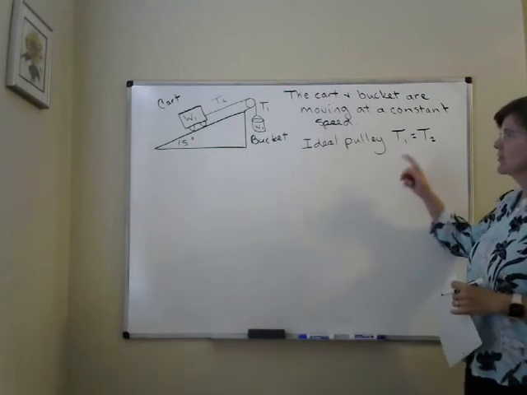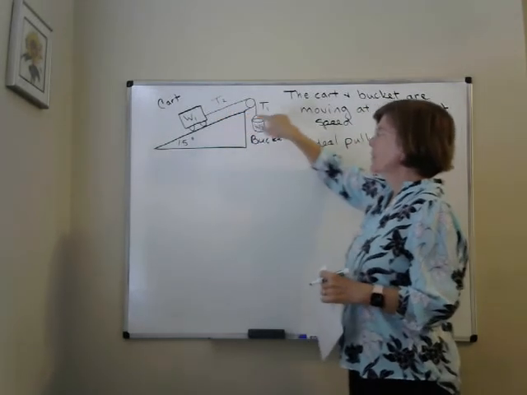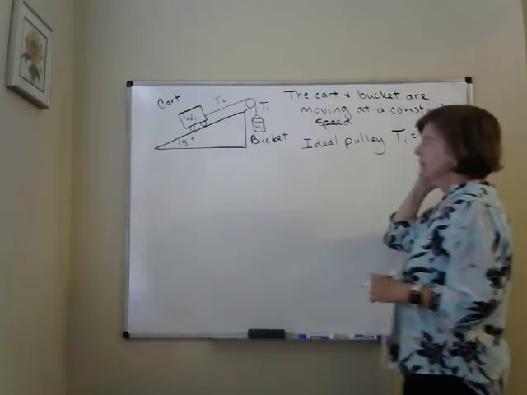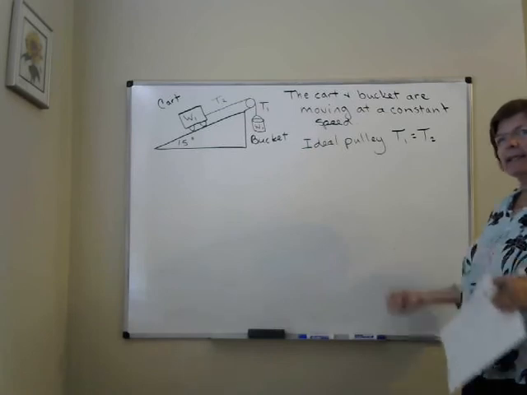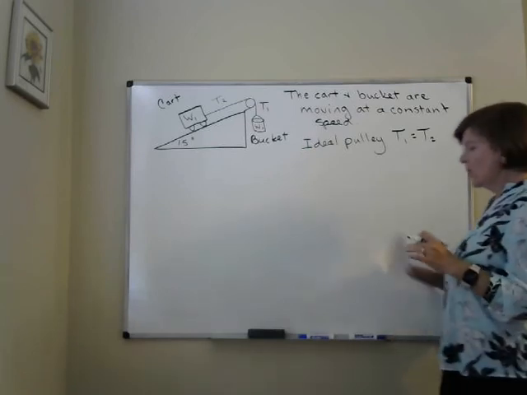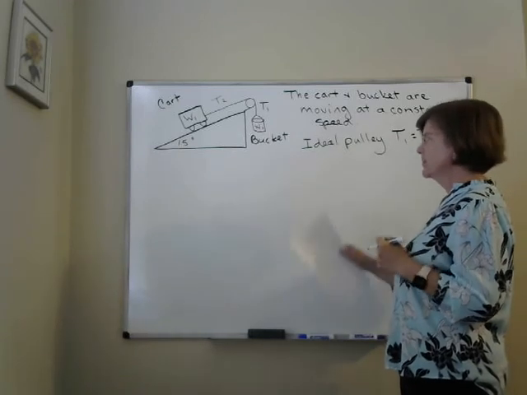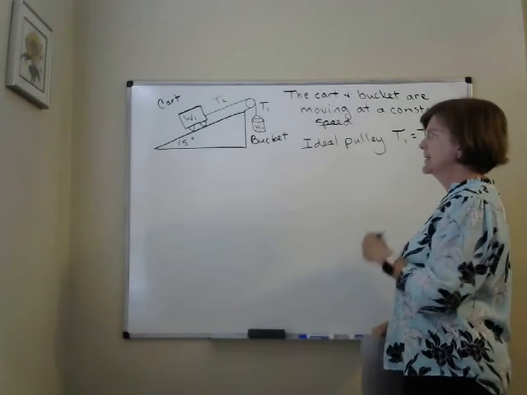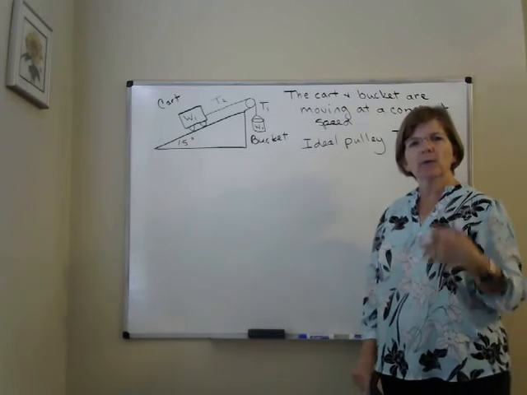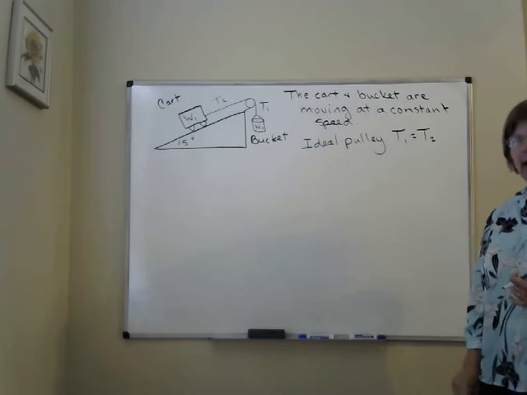And in those situations, the tension in the rope right here, T2, will be exactly the same as the tension right here in T1. Okay. We don't have any acceleration, so this is an equilibrium problem. They want me to find, what do they add? The relationship between W1 and W2 for a constant speed. How is W1 related to W2 if we have a constant speed?